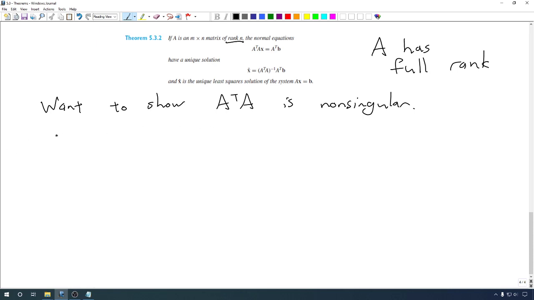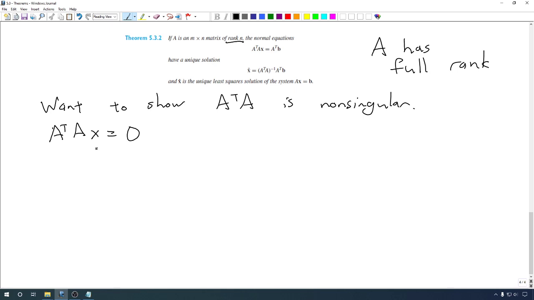Or in other words, we want to start with a solution to the equation A transpose A x equals 0. If we can show that x has to be the 0 vector, then that will show that A transpose A is in fact non-singular. That was one of our results from back in probably chapter 1.